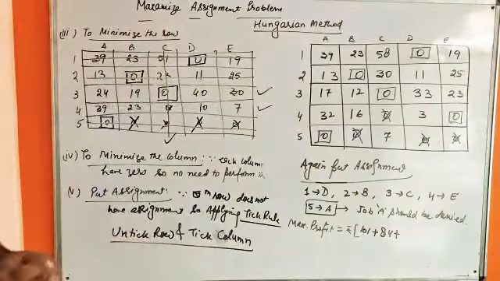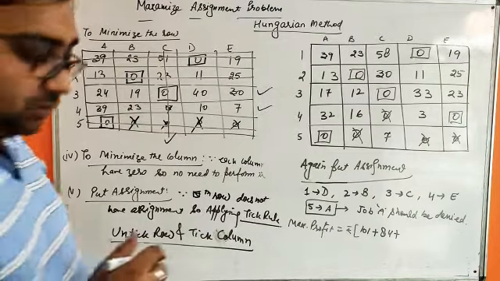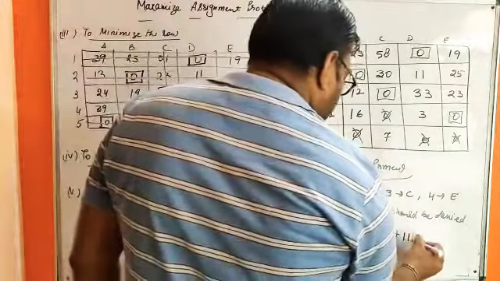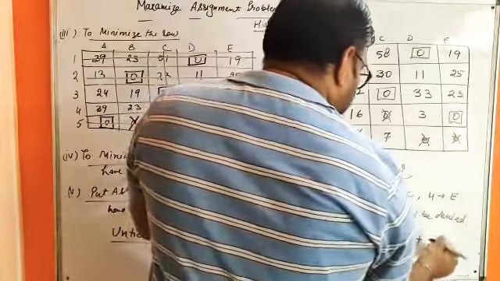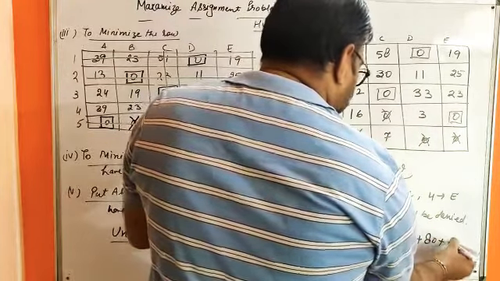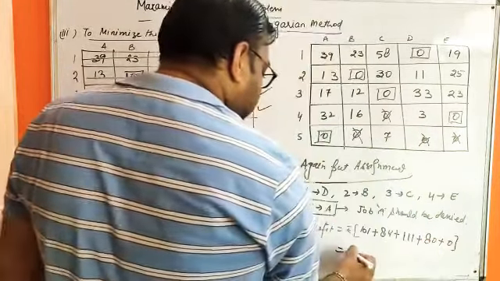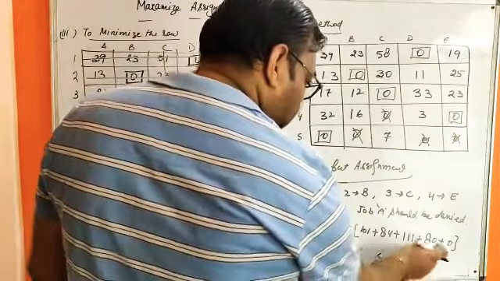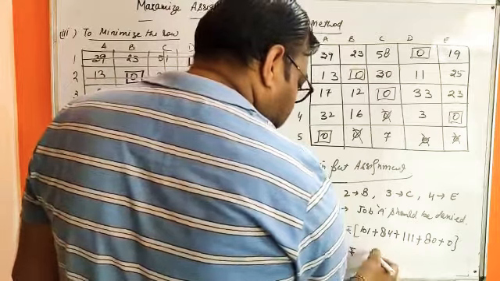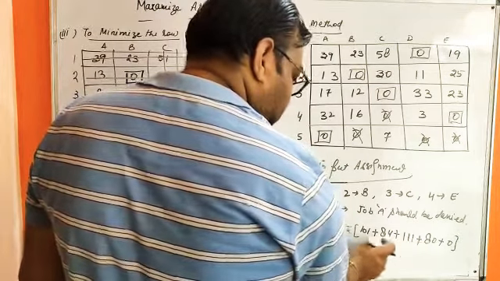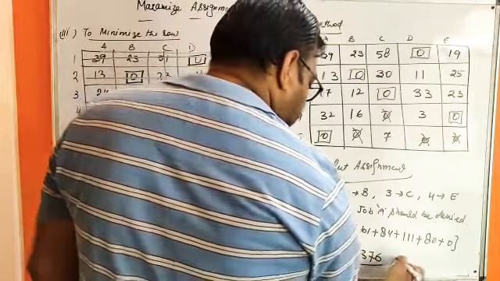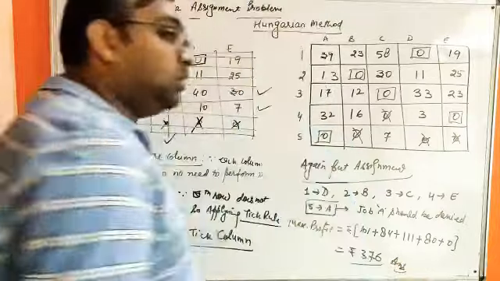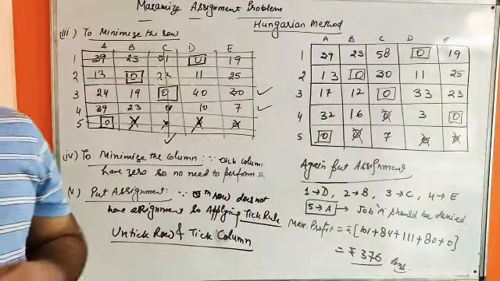For the third, the original value was 111. For the fourth, the original value was 80. And for the fifth, the original value is 0. So the maximum profit is 376. Hope you understand the concept of this particular lecture.